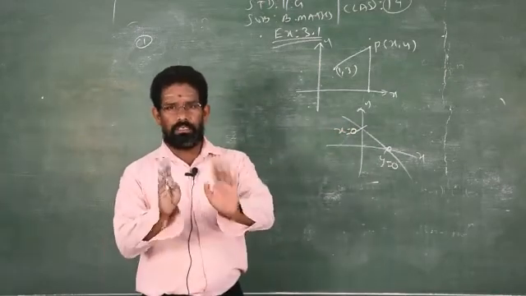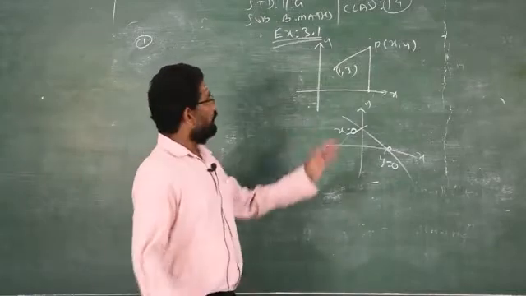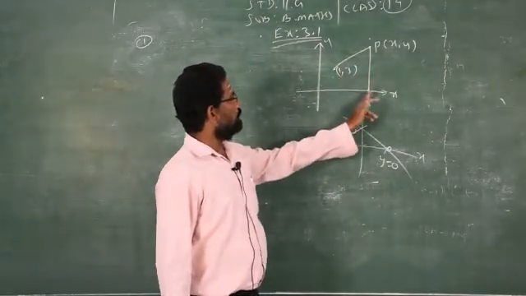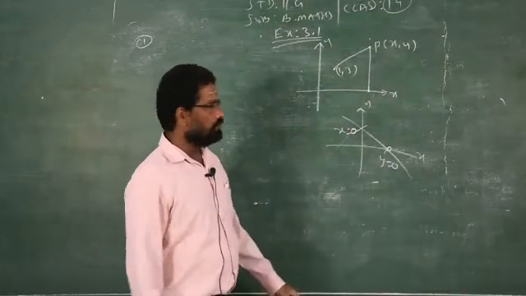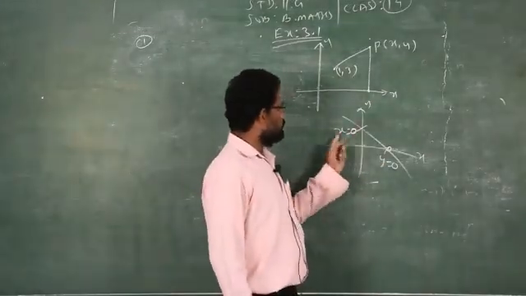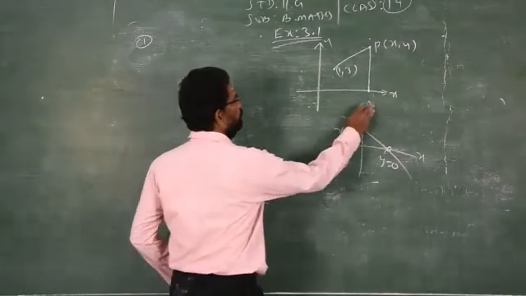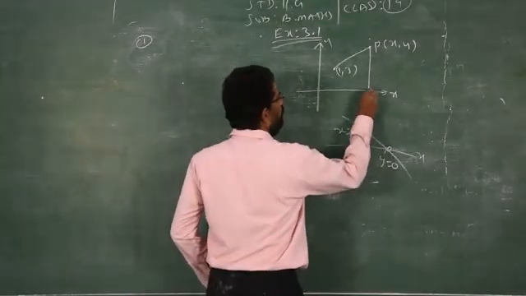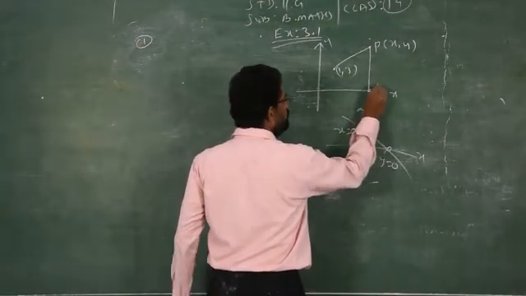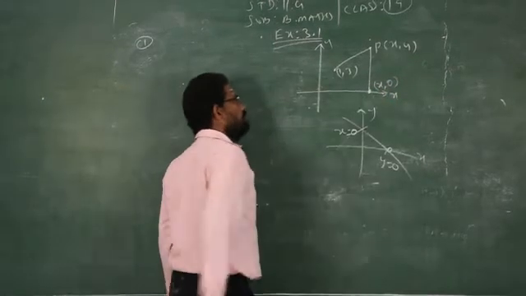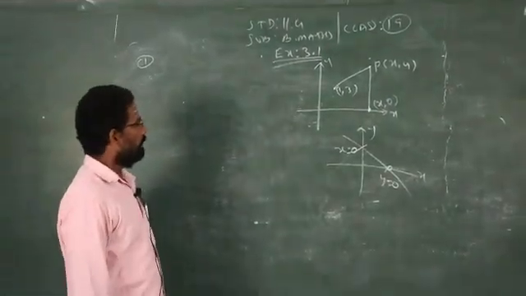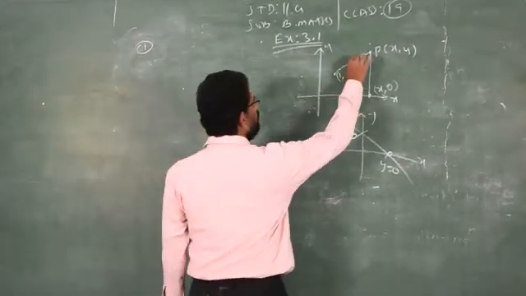That is a standard result you know very well. So what will come here? I don't know what x is, so keep x as it is, but y is 0. Clear?